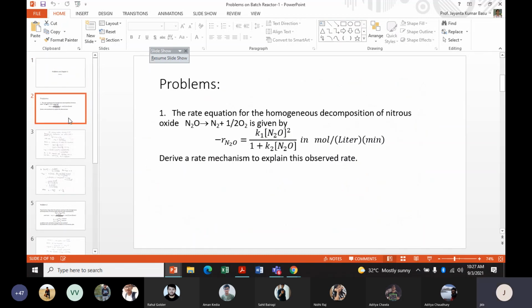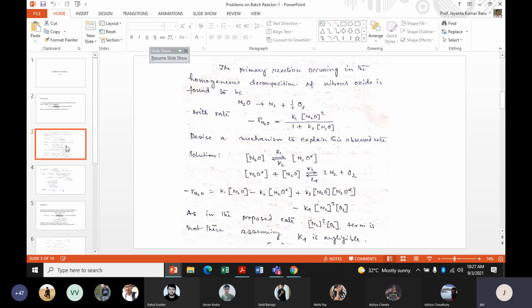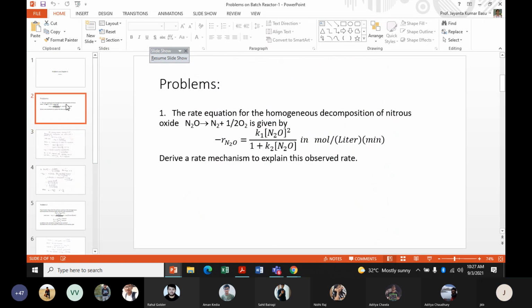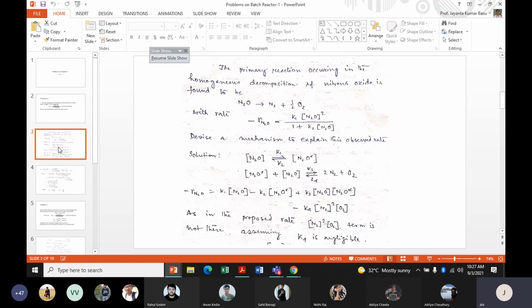Now, I will show some various problems from the exercise of Levenspiel. So in this problem, derive a rate mechanism. This sheet I will send to you, and just here you observe this. In the derivation step, we can assume the first is also reversible, second step is also reversible.